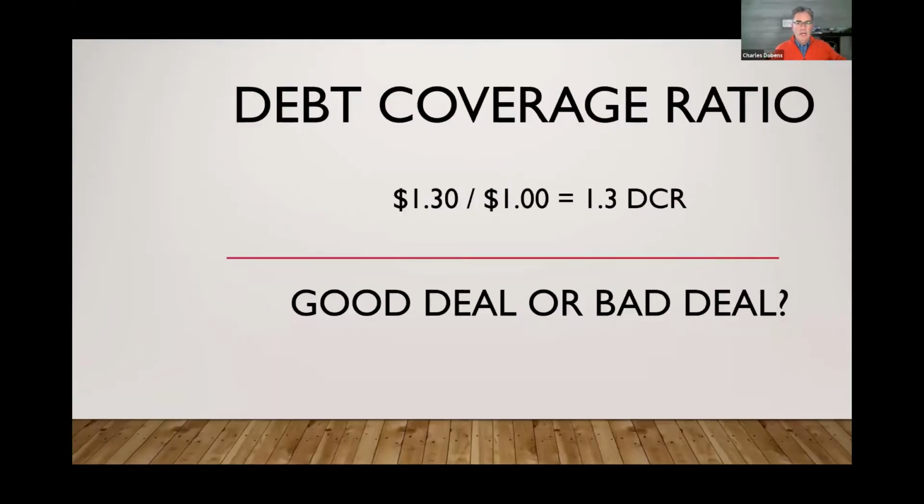That's why you can't always just say, oh, 1.2, that's all you need. No, because you've got so many other factors in there that you need to take into consideration that a static number for your debt coverage ratio is not going to work. I use this example here: if I did a $1.30 or 1.3 debt coverage ratio, good deal or bad deal?